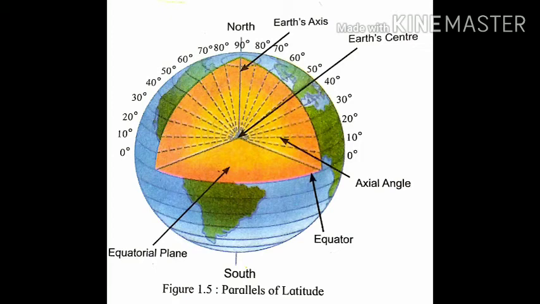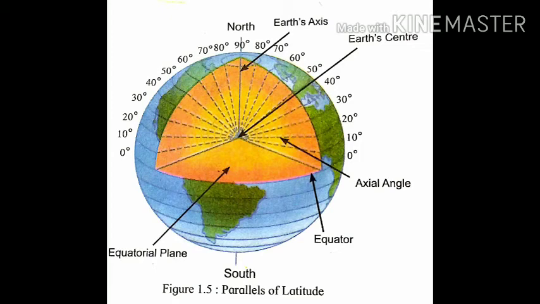Usually, when we measure or mention the value of these parallels of latitudes, we use the alphabets N and S to indicate the angular distance of parallels of latitudes in northern and southern hemisphere respectively.